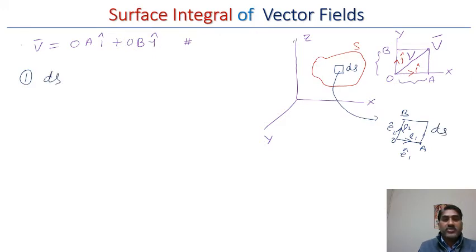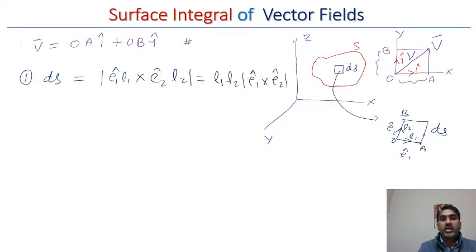So what is ds? You know ds can be calculated as the magnitude of the cross product of e1 L1 and e2 L2. Because L1 and L2 are lengths, these are positive, so this is simply L1 L2 times e1 cross e2. And e1 cross e2 is a vector which is normal to both e1 and e2, but e1 and e2 are unit vectors, so this is equal to L1 L2 and a unit vector perpendicular to both e1 and e2.